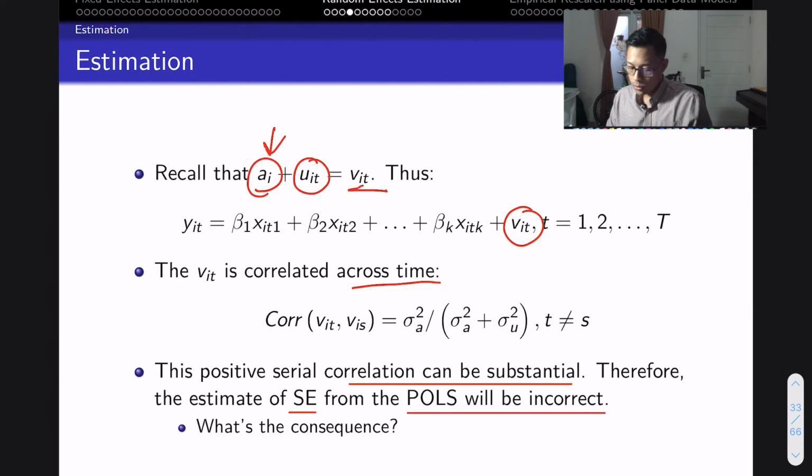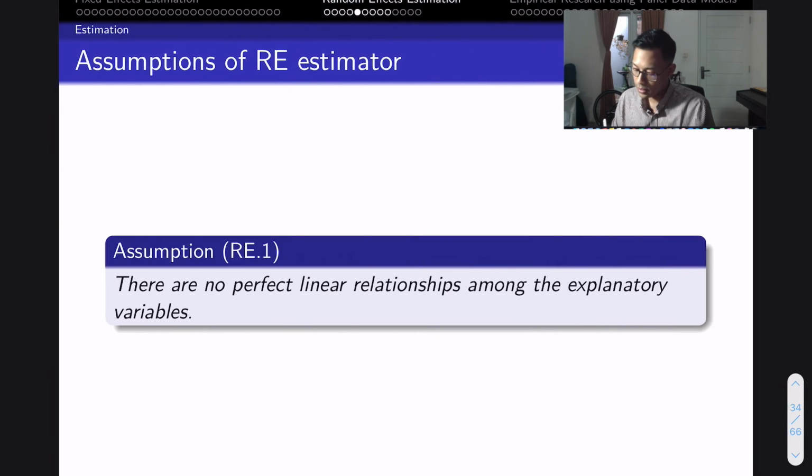Okay, so let's go through the assumptions of the random effect. Again, there is no perfect linear relationship, or multicollinearity, among the explanatory variables of interest. The second assumption is that, in addition to the fourth fixed effects assumption, the expected value of the unobserved effect given all explanatory variables is just a constant. Okay.